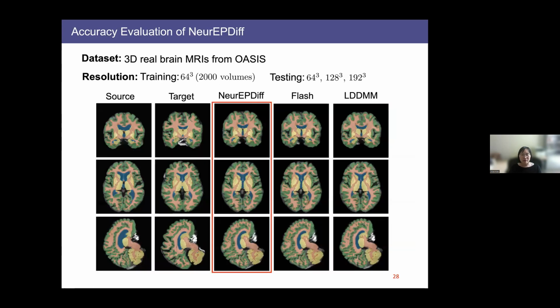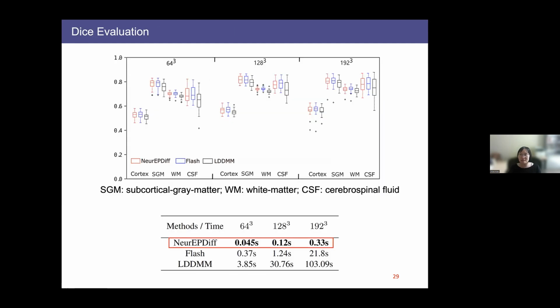We also evaluated on real data, the OASIS brain data set with 3D volumes. We trained on a much smaller resolution of 64 cube, and then tested on higher resolutions, from 64 cube all the way to 192 cube. Our performance is very similar to the state of the art and other current neural networks.